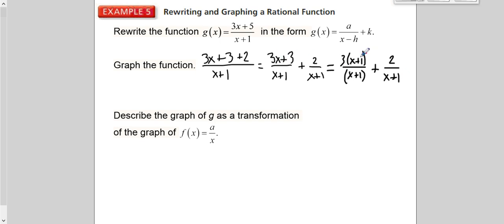Now that we factor out that 3, these x plus 1s cancel out. And we get 3 plus 2 over x plus 1.